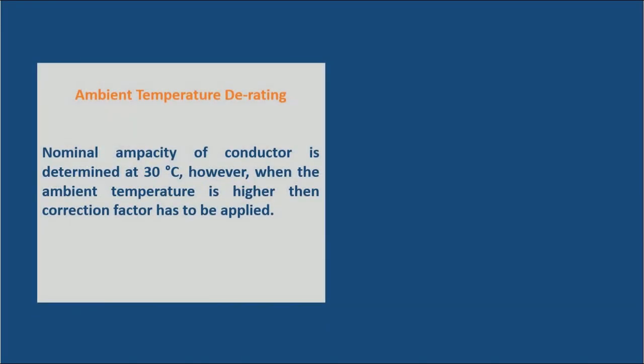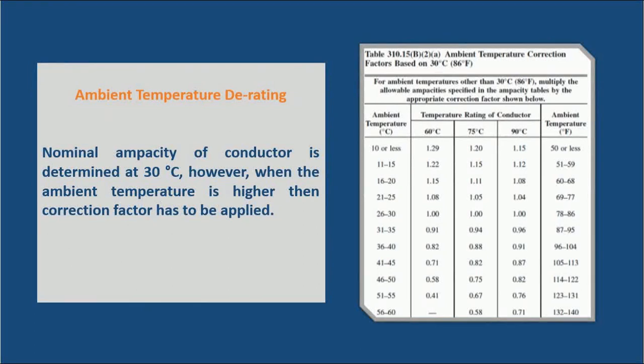When it comes to the ambient temperature, the nominal ampacity of a conductor is determined at 30 degrees. So when the temperature deviates from 30 degrees, either up or down, we have to consider this and use the right factor. For example, in this table, for an ambient temperature between 26 and 30, the correction factor is 1, because the nominal ampacity is determined at 30 degrees.